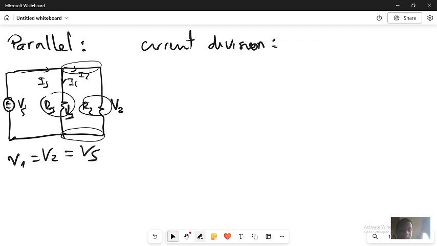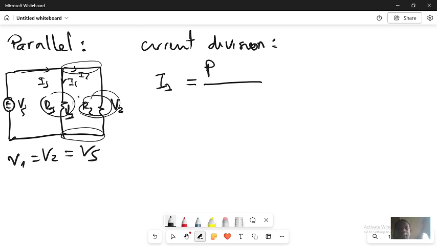In current division, I have to determine I1, the current flowing in R1, which is equal to, in this case, the opposite resistor. Since I want to find I1, I take the resistor R2. I have R2 multiplied by Is, the total current produced by the source, divided by R1 plus R2.